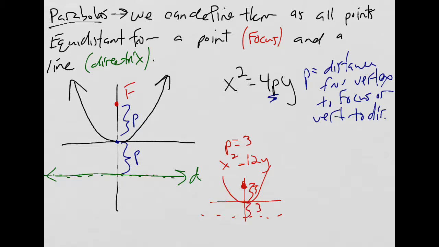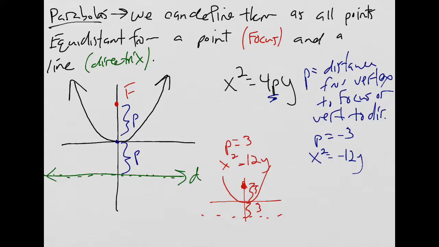If I make the p negative, for example, say I had x squared equals minus 12y, well, that would be p equal to negative 3. All that does is flip the orientation of the graph. Here I've got a parabola that opens up and this length is 3 and that length is 3.